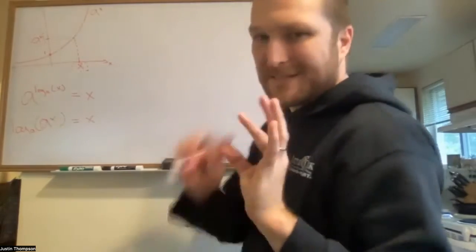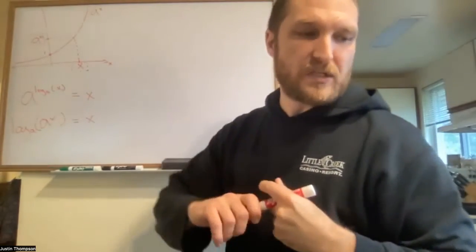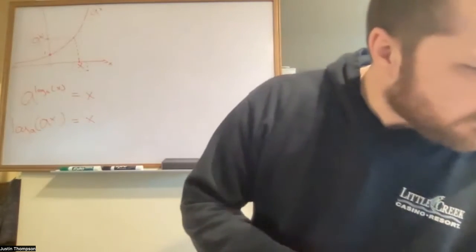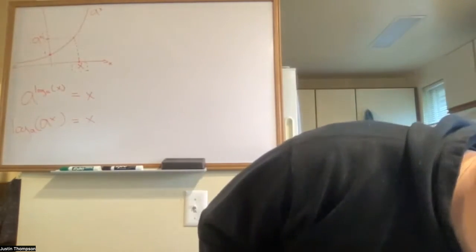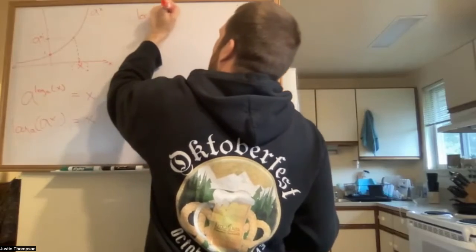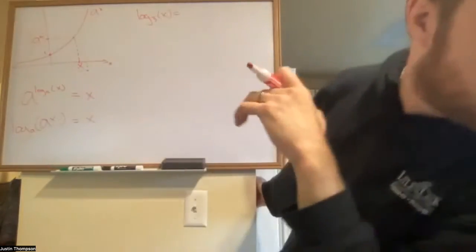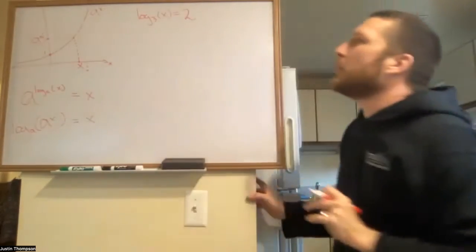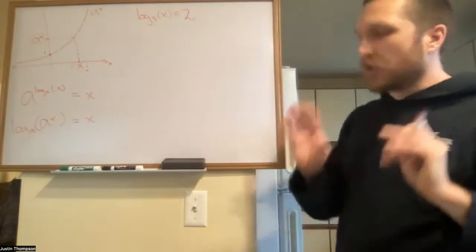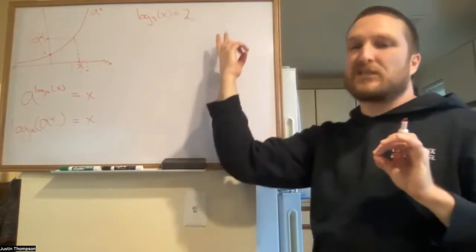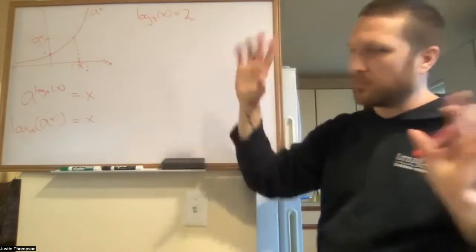In your homework, I'll be explicit about this when I give it to you. I want you to do these equations in 2 different ways. So for instance, we have this equation, log base 3 of x is equal to 2. The first way I want you to deal with this is to turn the logarithmic equation into an exponential equation, which is what we've been doing all day.